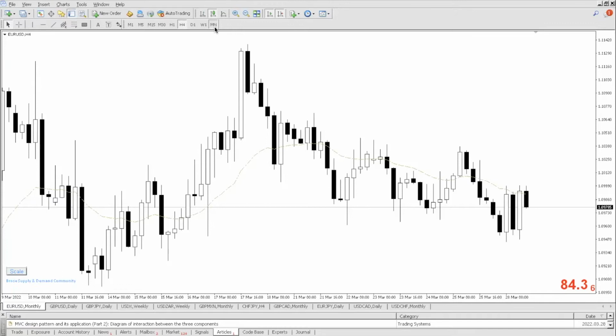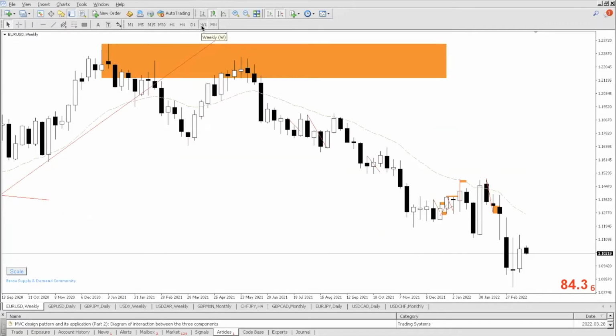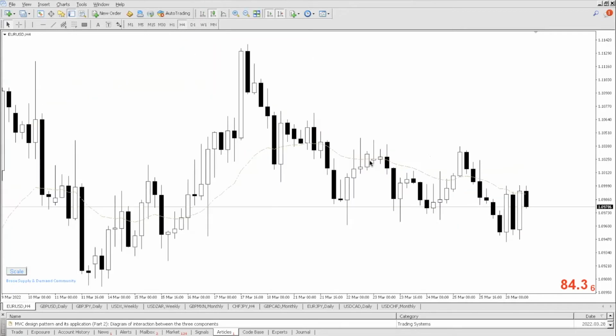So firstly, what you do when you see a pair like this, let me take the H4. When you look at this pair, there are things that you will notice. What do you look for? The valleys and the peaks, the latest two. So when you look at this pair, where are the peaks or the mountains?